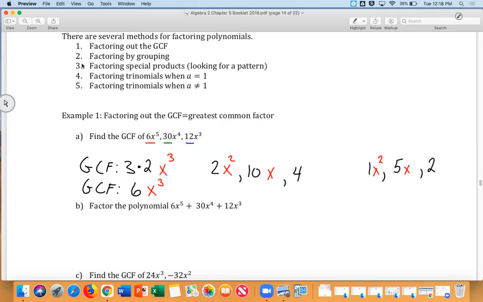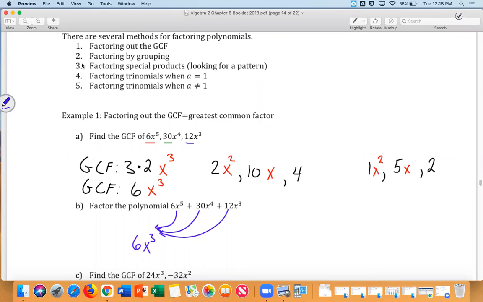To do this problem, we are going to undistribute it. I am going to pull out from each of these a 6x to the 3rd. If you can see that we're just changing the commas to plus signs, I think you can kind of see what my answer is going to be.